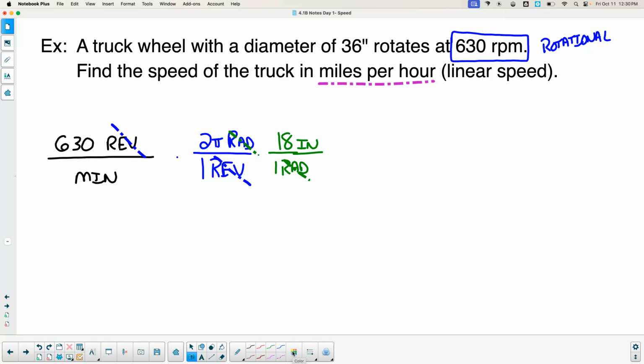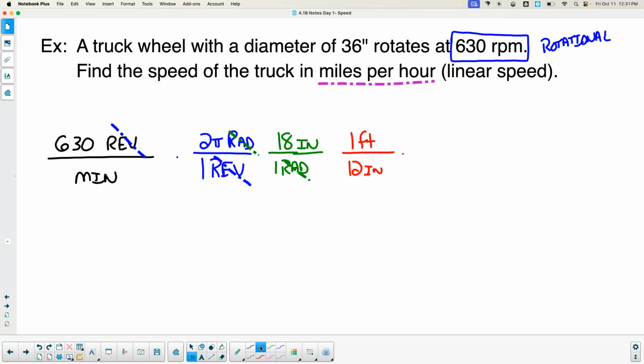Need to get inches into miles. What would we like to go with next? Into feet? Okay, sounds good. 12 inches is 1 foot. And 1 foot is how many miles?